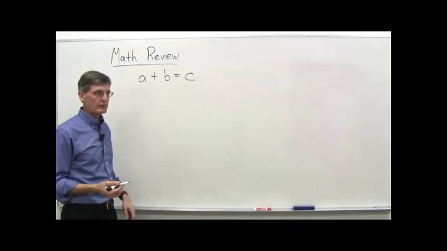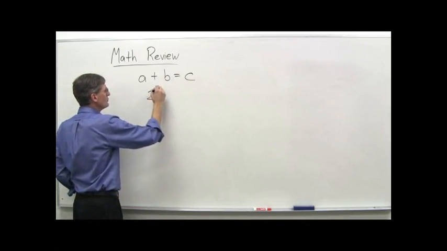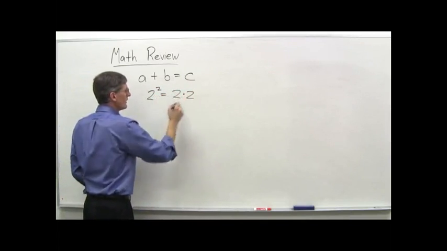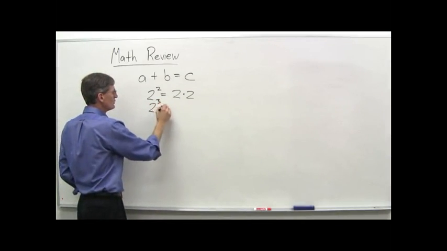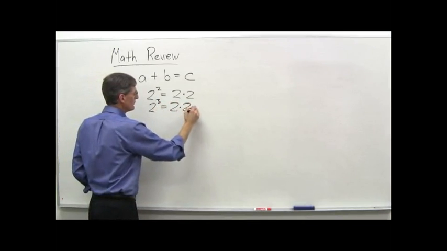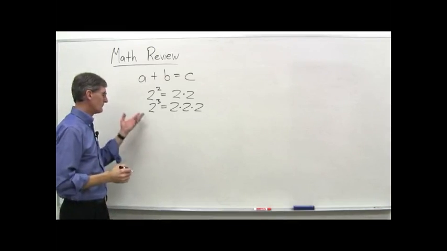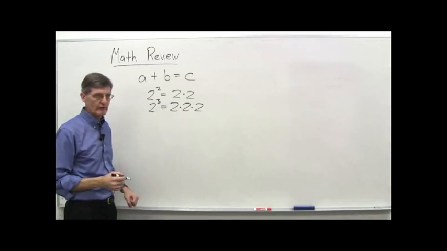Remember a few things with exponents. If we have an actual number, 2 squared is the same as 2 times 2, which is 4, of course, or 2 cubed equals 2 times 2 times 2. Or 4 cubed, 4 times 4 times 4, so it's 4 multiplied 3 times.